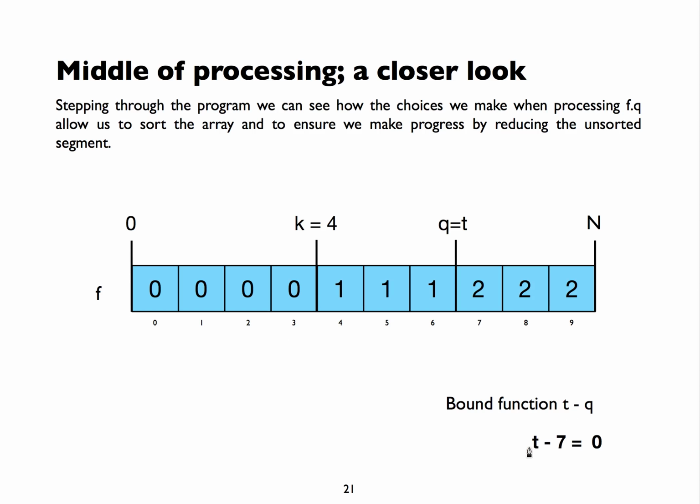And down here you have a bound function that says t, which is 7, and q, which has incremented up to 7. So 7 minus 7 is 0, proving, of course, that the unprocessed segment has now shrunk to a size of 0 because q and t have met in the middle.